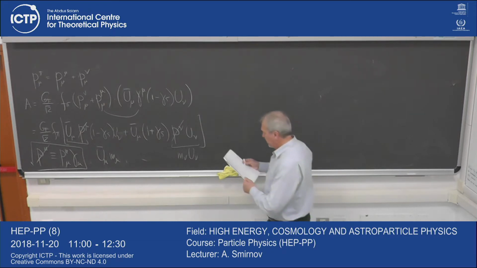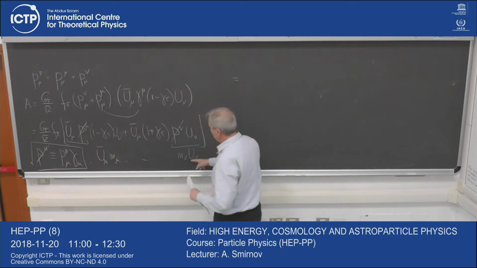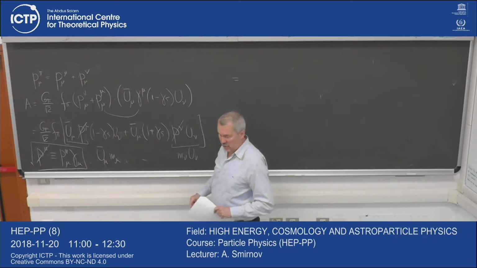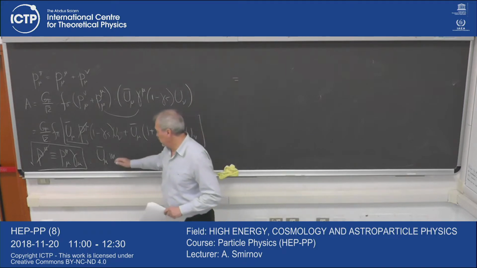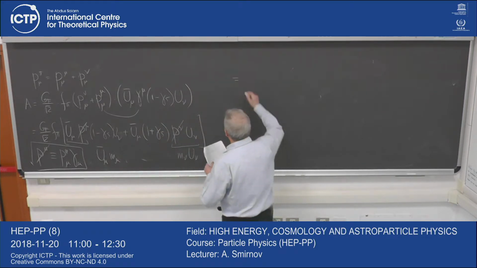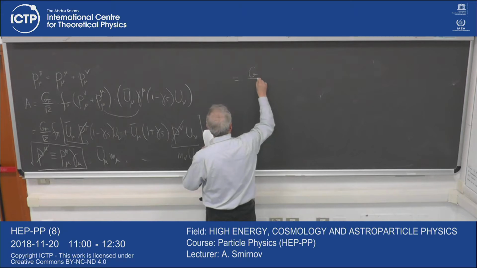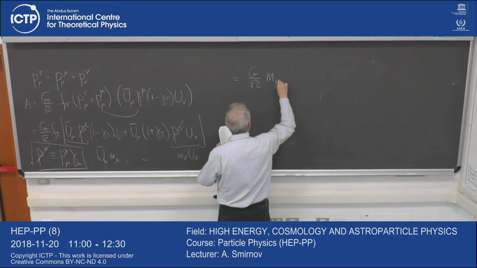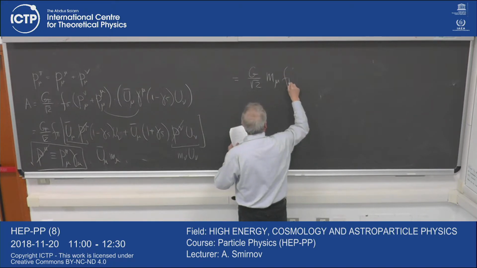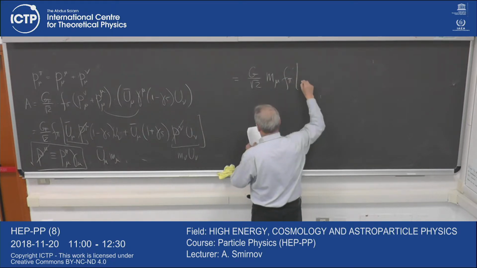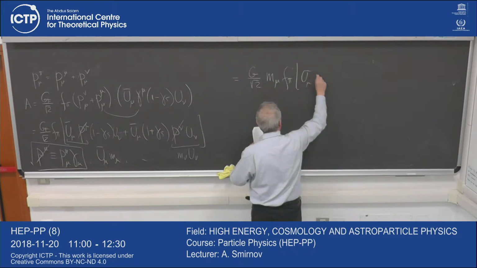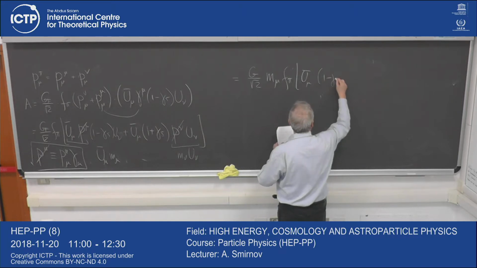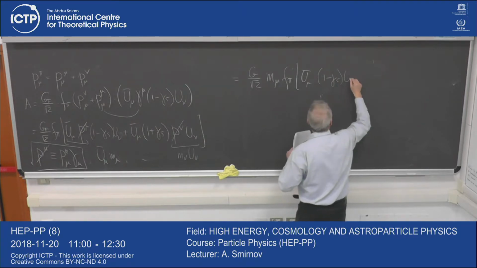Okay, so then I continue. I will neglect this mass of the neutrino, because the mass of the neutrino is very small in comparison with the mass of the muon. And I will get the expression G_F square root of 2, m_mu, f_pi, u_mu, 1 minus gamma 5, u_nu.